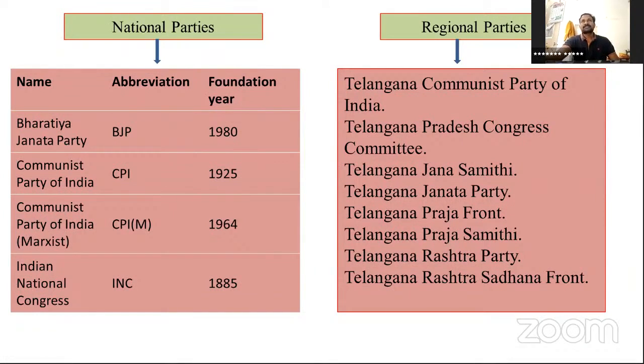Before this, the Janata Dal party was converted into Bharatiya Janata Party, and CPI was established in 1925. CPI(M), Communist Party of India, Marxist, was established in 1964. INC, it is the main party.